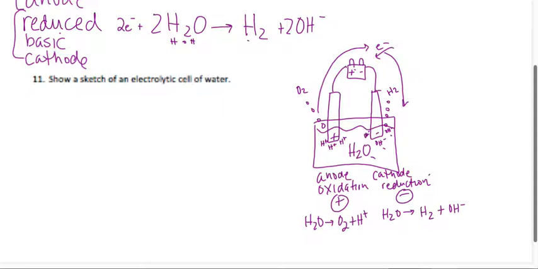The chihuahua, however, is afraid of the bear. The bears are group 1 and 2 metals and polyatomic ions. Okay? So if you have a group 1 and 2 metal or a polyatomic ion, the bears, the chihuahua won't attack the bear unless it absolutely has to and has nothing else to eat.